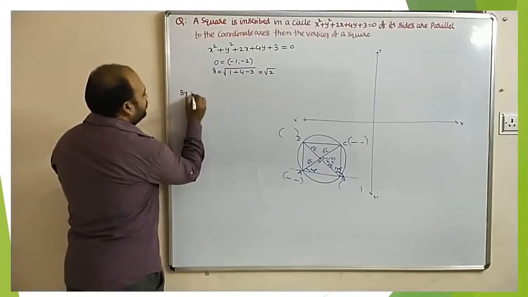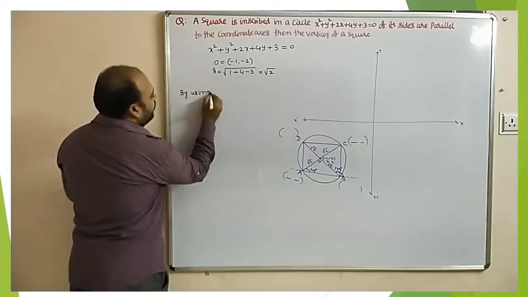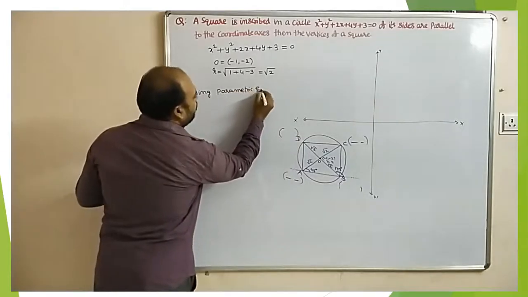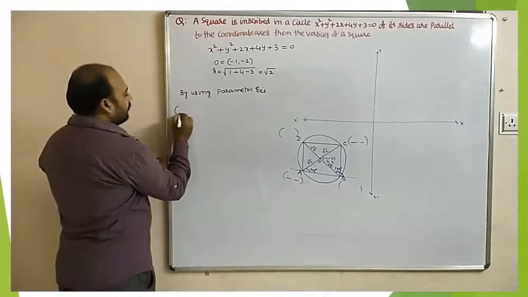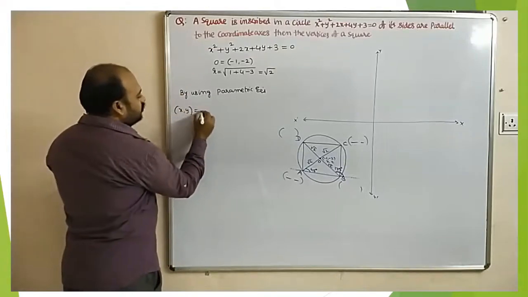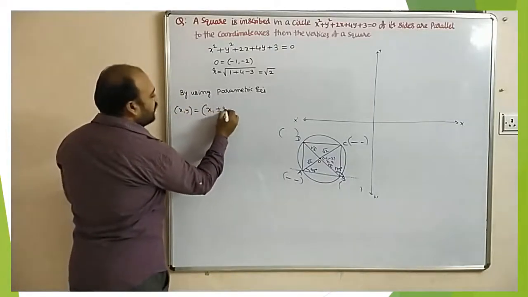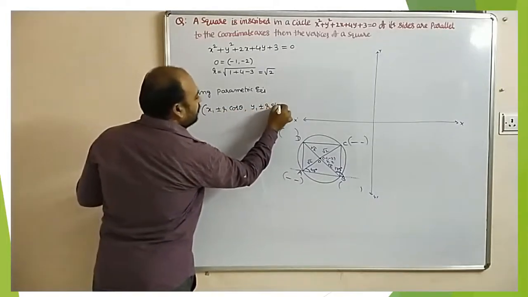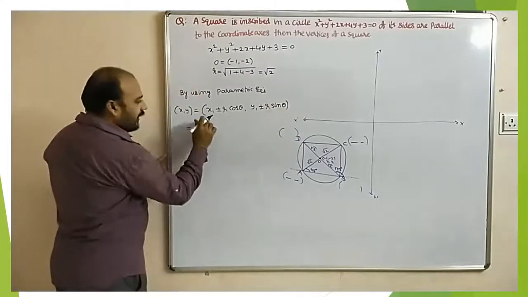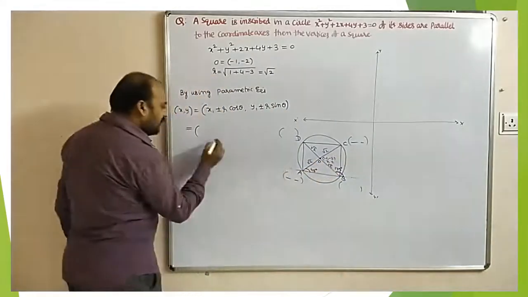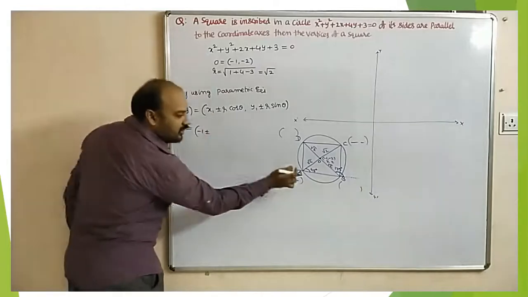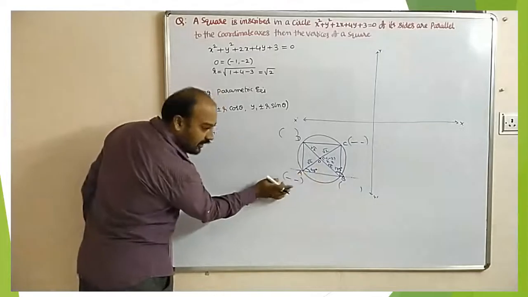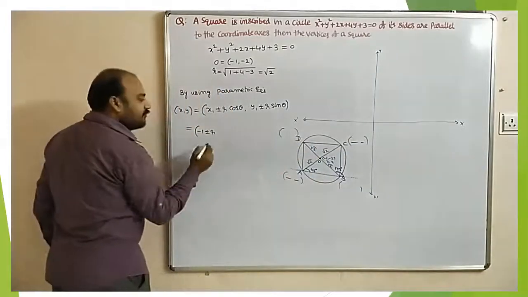So by using parametric equations, x comma y equal to x1 plus or minus r cos theta, comma y1 plus or minus r sin theta, which is equal to x1, y1 or minus 1, minus 2. So minus 1 plus or minus r cos 45, the r value we can write directly is root 2.